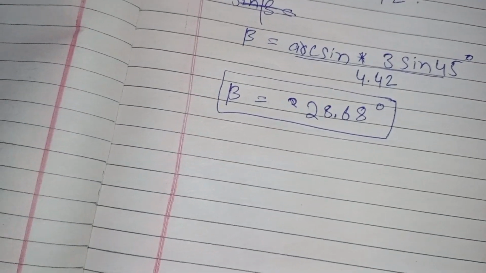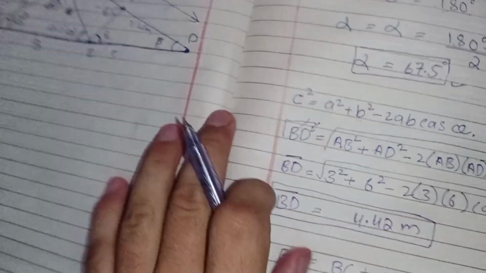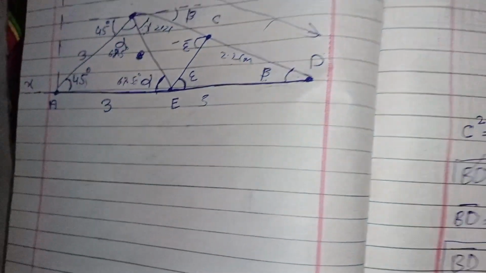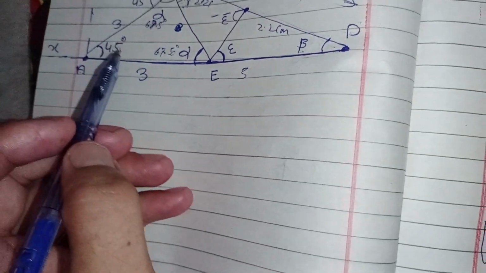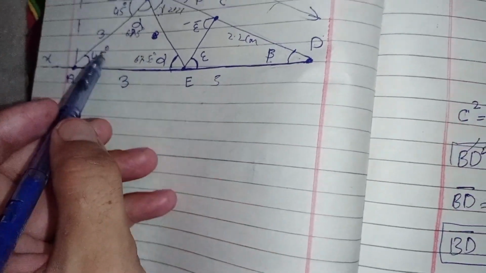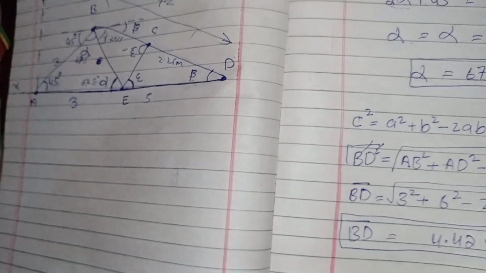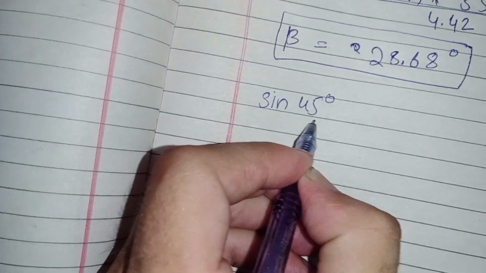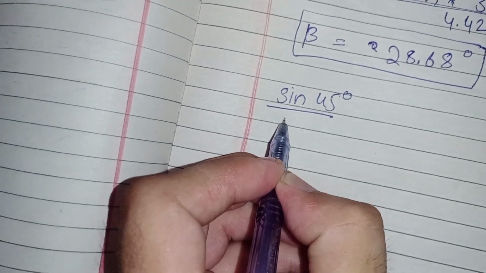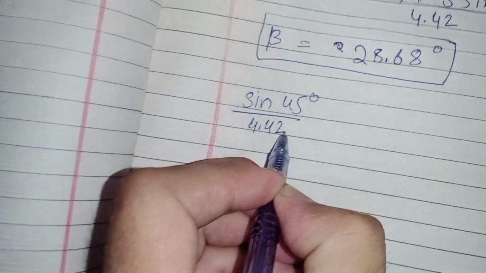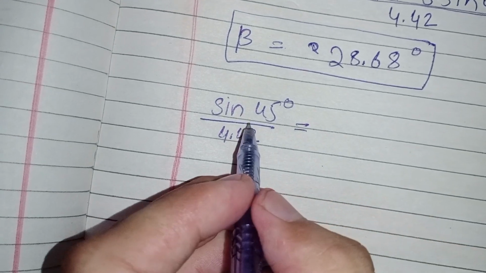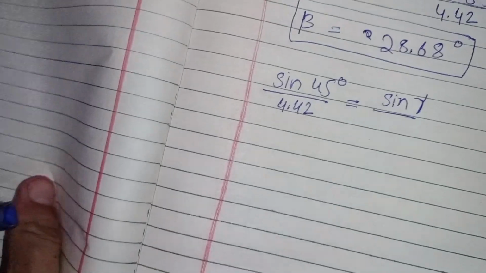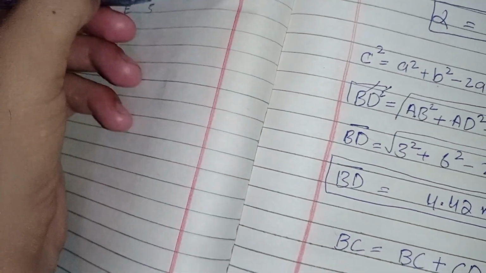So also we can use this law to find gamma. How do we calculate gamma? Sine 45 divided by opposite side 4.42 equal to sine gamma divided by what is the opposite side of sine gamma.